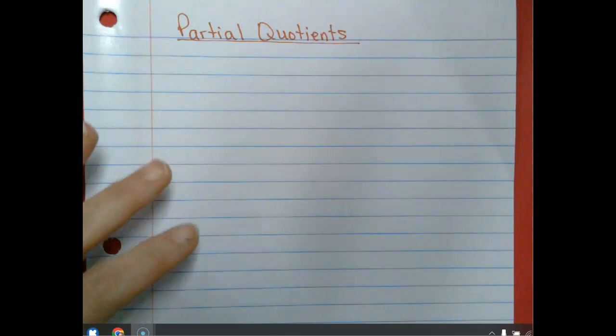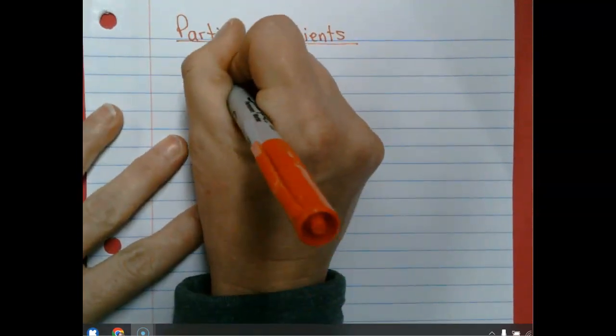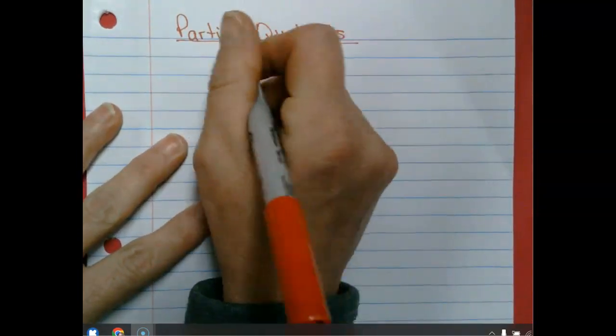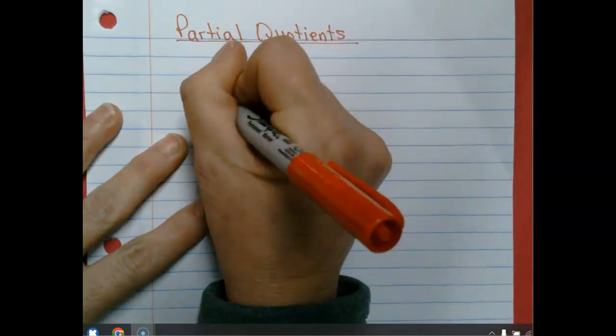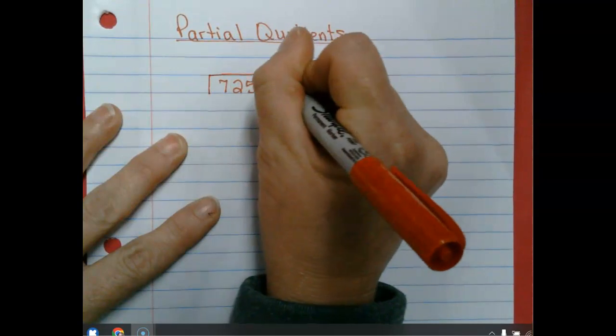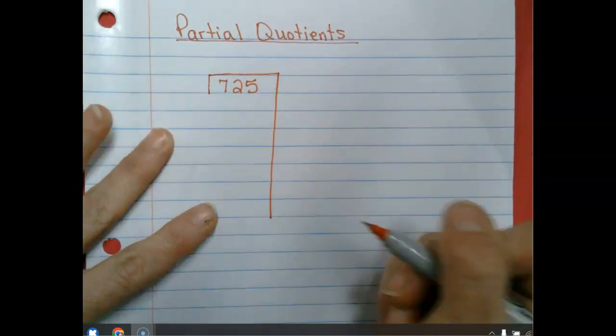Okay. So we're going to take our original problem that we've been working with, and that is going to be 725. Okay. And we are going to make, I've heard this referred to as the big seven.